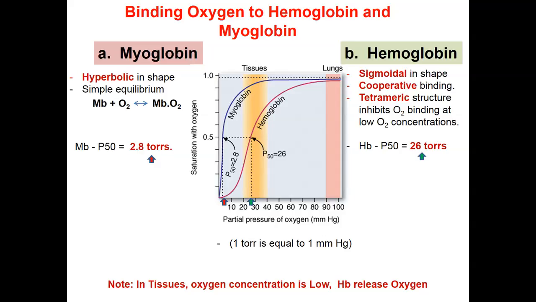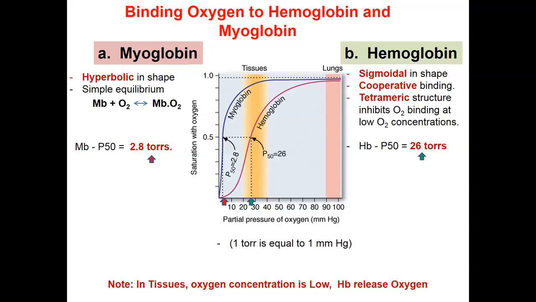In your lung, you have a higher concentration of oxygen. Myoglobin reaches way beyond the KD, and hemoglobin will bind to oxygen. Now imagine you come to the tissue, and this is the concentration in the tissue. Look at the hemoglobin. How many percent of hemoglobin is bound at that concentration?